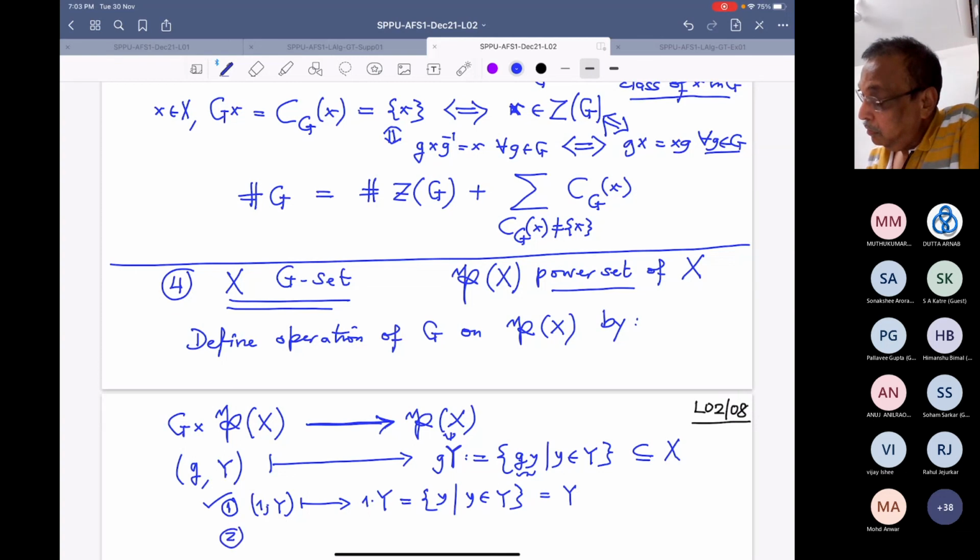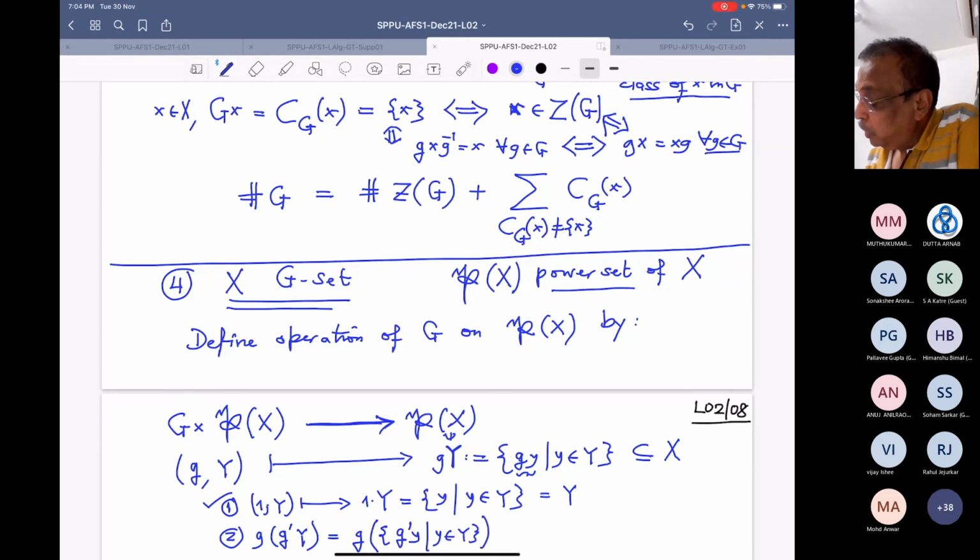Second, if I have g prime Y and then multiply it by g, what happens? This is g times which set? g times this set, all g prime multiples of Y. You see the definition? So this is g prime times Y, where y is varying.